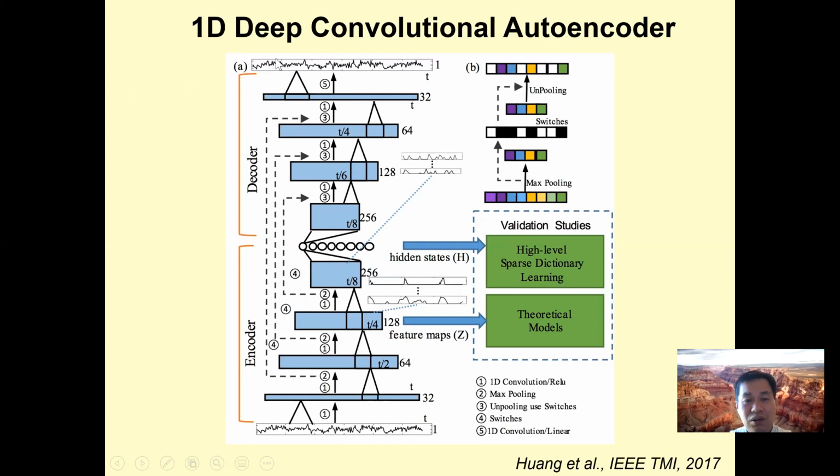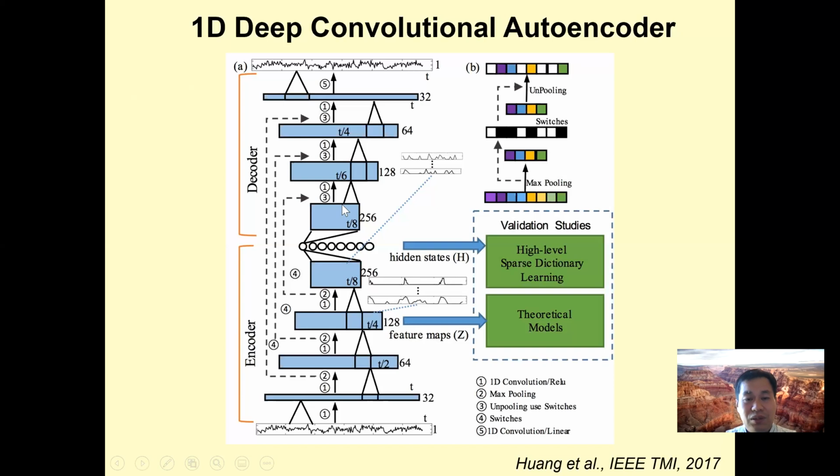The goal of the autoencoder is to minimize the reconstruction error by looking at the filters and combining the filters so we can reconstruct the original time series perfectly. Ideally, of course, it won't be perfect.